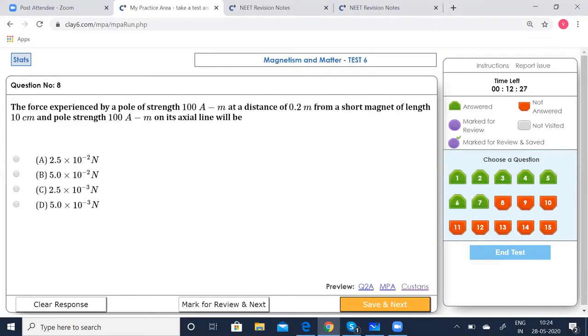The force experienced by a pole of strength 100 ampere meter at a distance of 0.2 m from a short magnet of length 10 centimeters and pole strength 100 ampere meter, on its axial line. So look, we are making use of the formula here. Had you been thorough with the formula from the NEET revision test which we had given, it should be pretty easy to apply here.